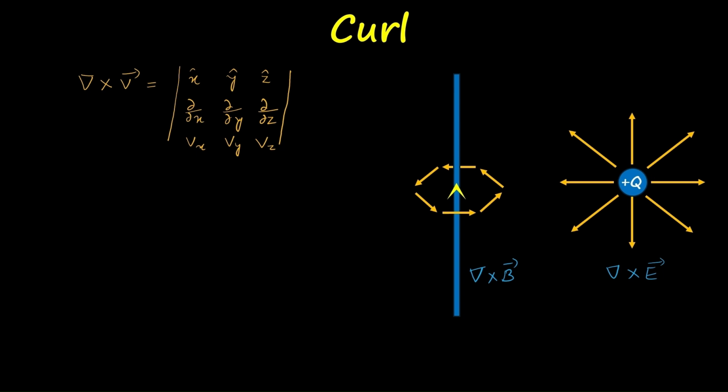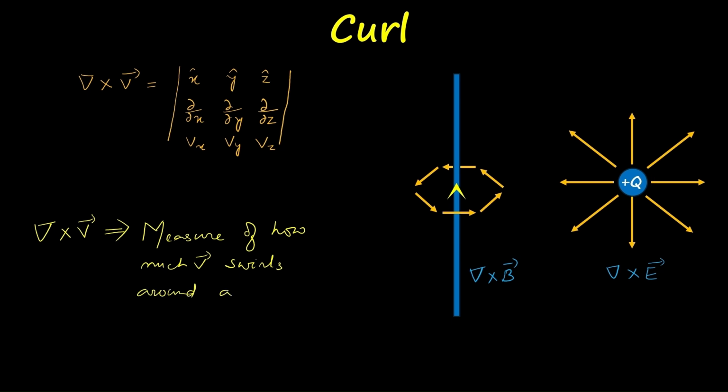Now, the curl of a vector measures how much this vector v swirls around a particular point. This is the physical meaning of the curl of a vector.